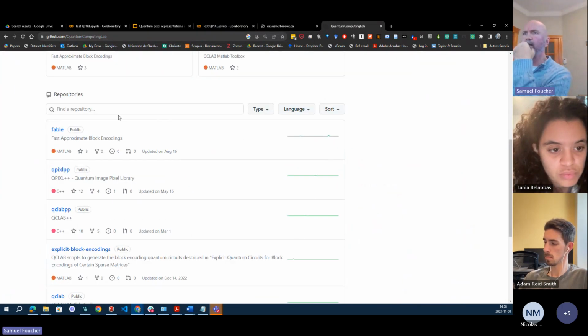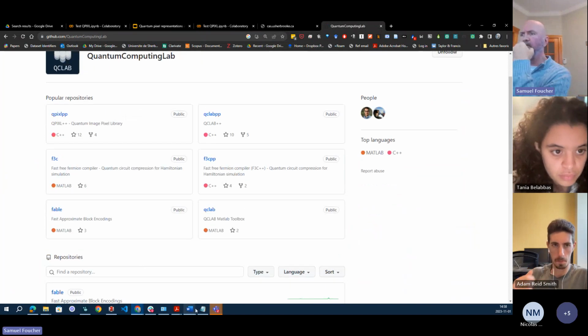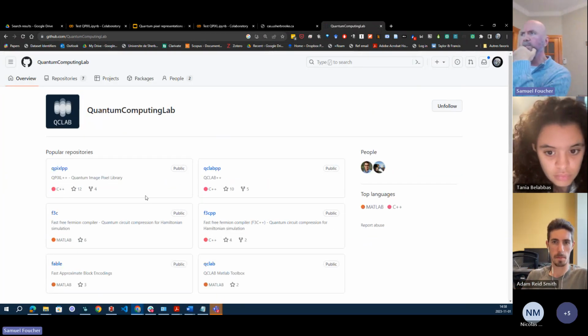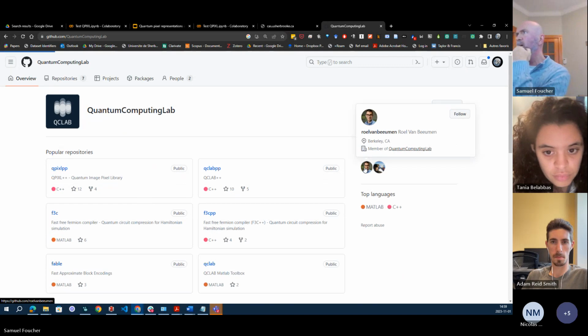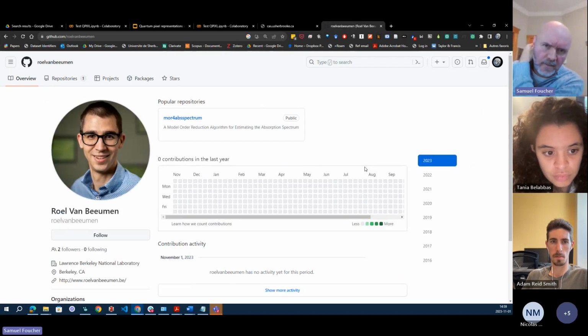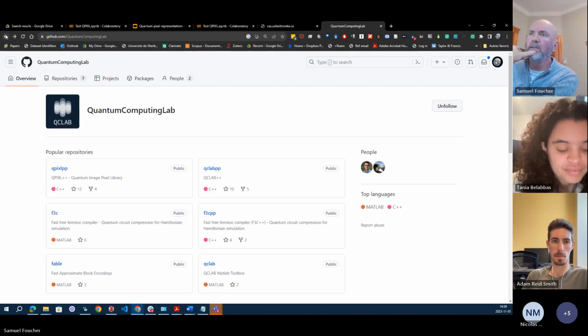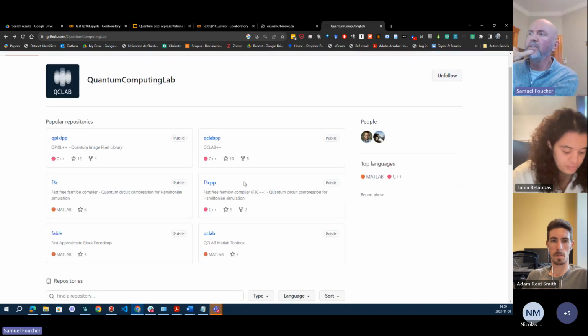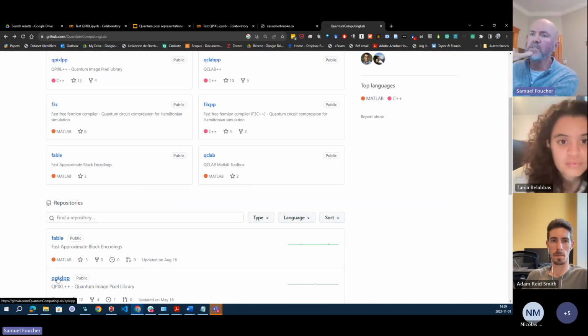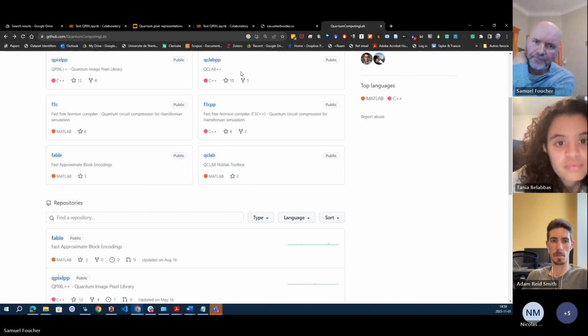It's a quantum computing lab, but I believe it's the same people. University of Berkeley, so it's not a bad reference. The Lawrence Berkeley National Laboratory, to be precise. So they have QC Lab and the QPixel PP, which is based on QC Lab.